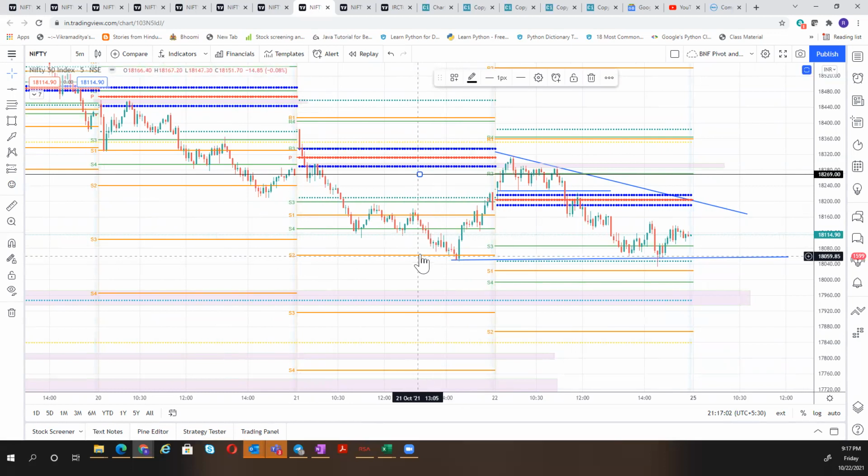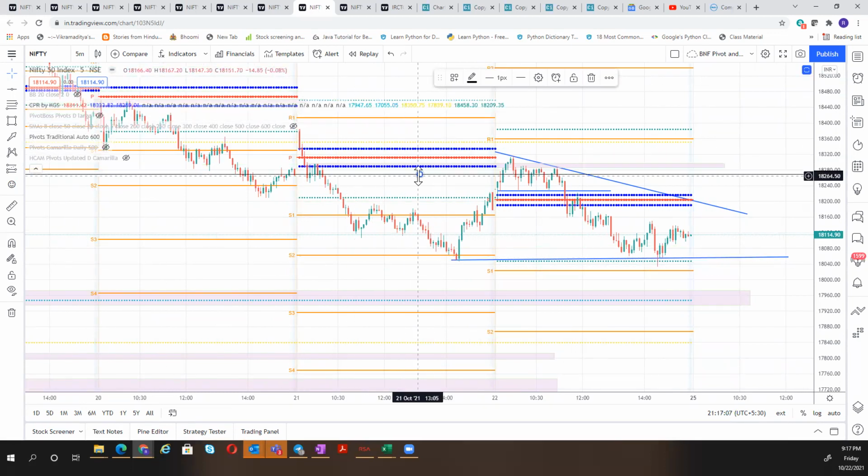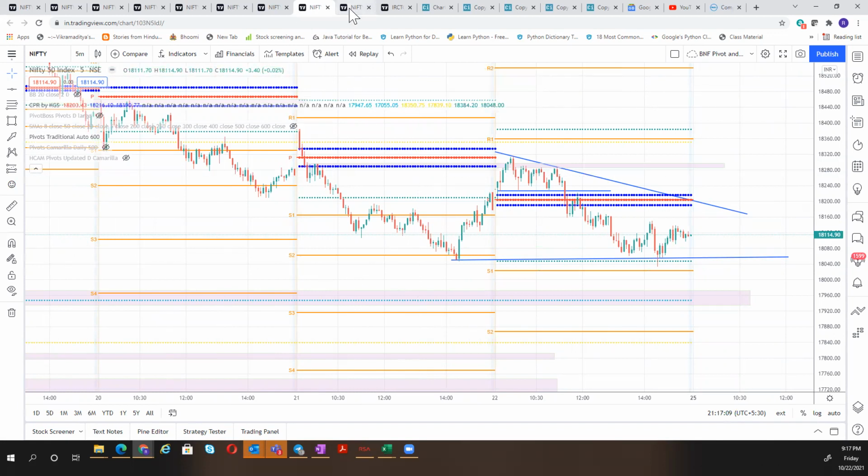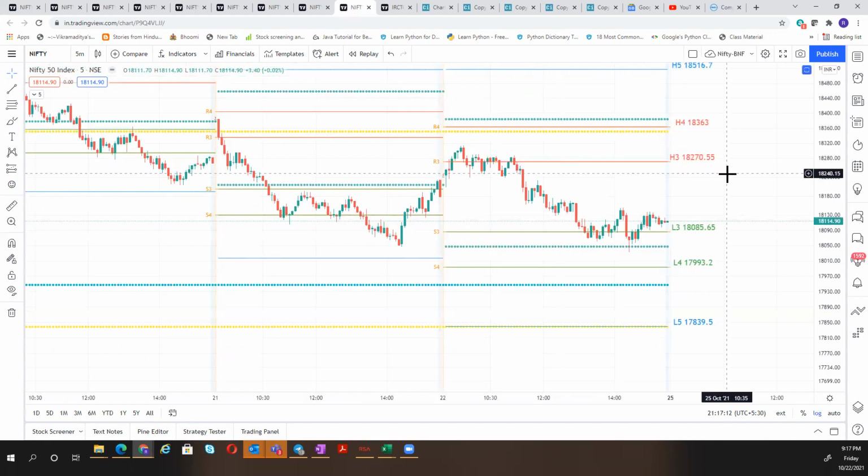Similar to pivots. Now basically what I'm trying to tell you here is these pivots work because they are purely based on a price action formula or equation, and it captures most of the important turning points in the market. And these turning points are very important.